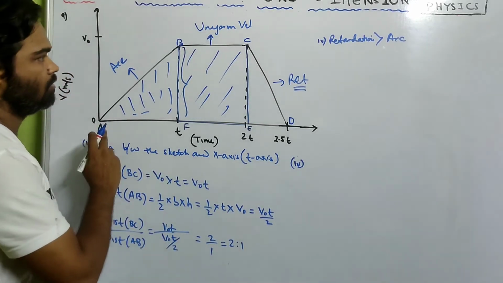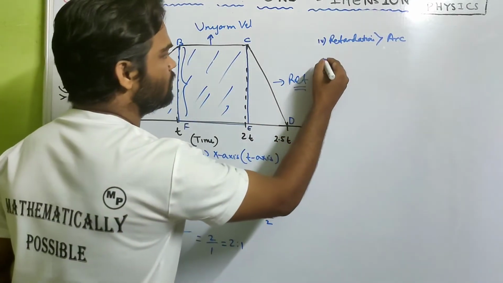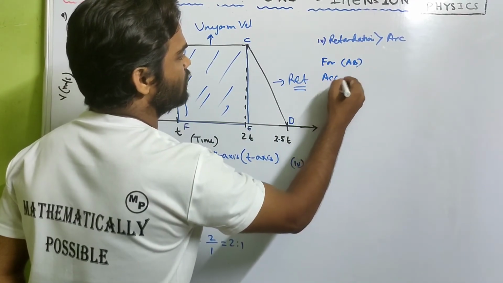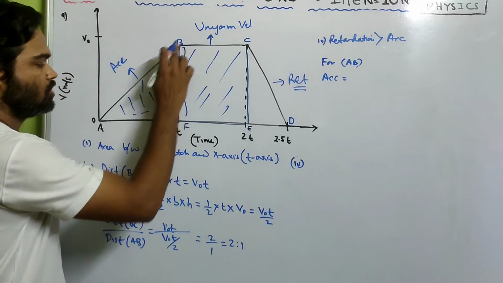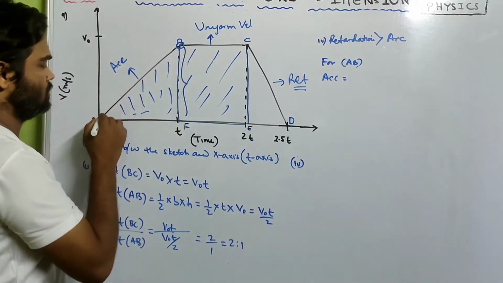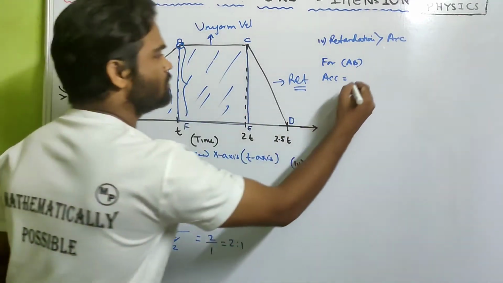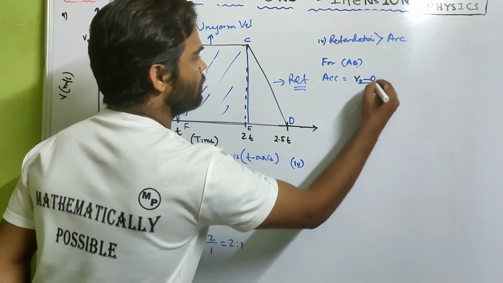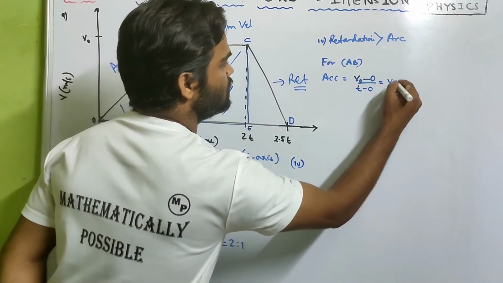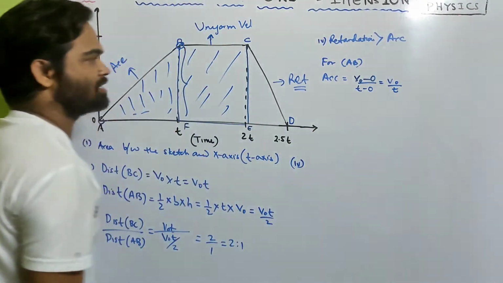For the part AB, your acceleration will be change in velocity, change in y coordinate, which is v0 minus 0, by change in time, which is t minus 0 is t, so v0 by t. This is your acceleration.